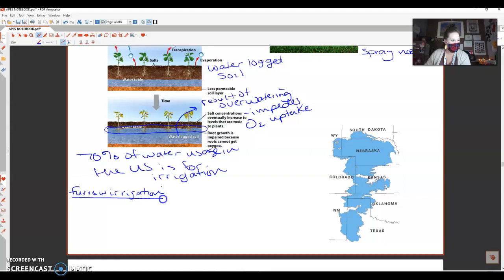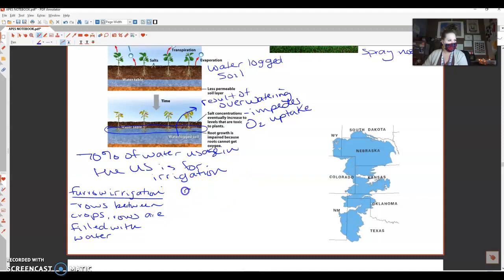Furrow irrigation is when we have rows between crops. You guys know what this looks like. And the rows are filled with water. Okay, so that's furrow irrigation.